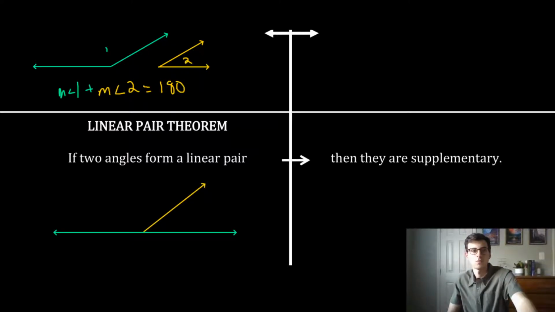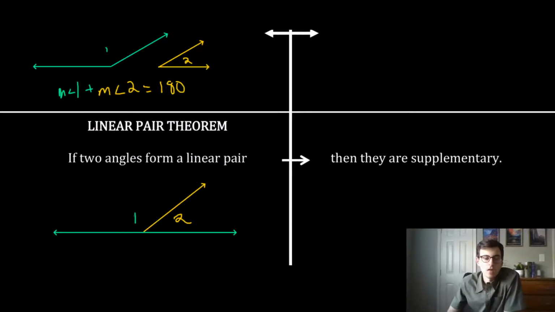So angle 1, angle 2. These angles form a linear pair if they are two angles making the same line. Then they are supplementary. That's really all I can say. If two angles form a linear pair, then they are supplementary.